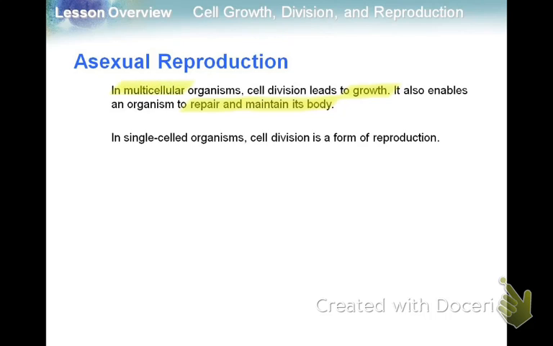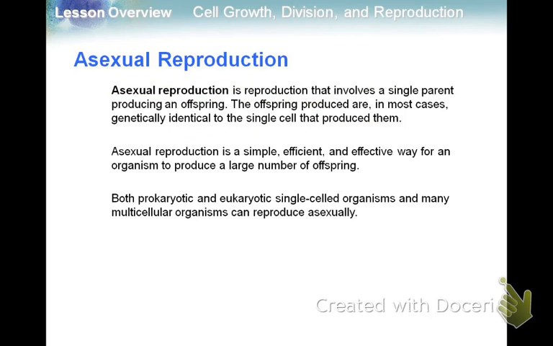So in multicellular organisms, cell division leads to growth and repair. In single-celled organisms, it's a form of reproduction. Bacterial cells basically do this in order to reproduce. There's a single parent producing an offspring, and the offspring will be genetically identical to the mother cell.